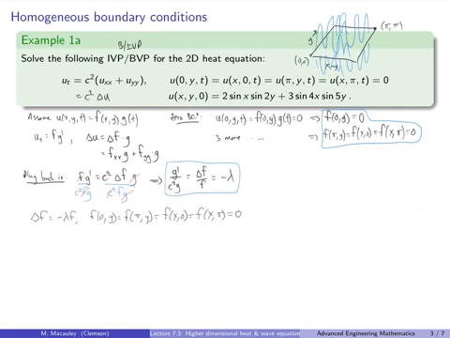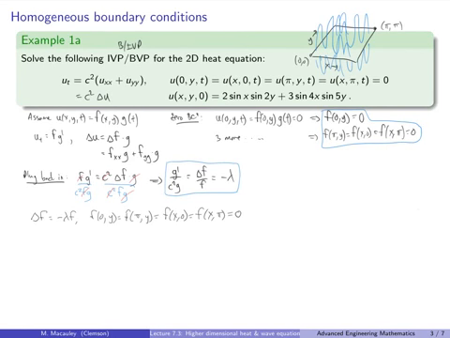Does that look familiar? This is example 1 from the previous lecture. This is the Helmholtz equation with the Dirichlet boundary conditions. We just solved this, so if you haven't watched that lecture, please do.